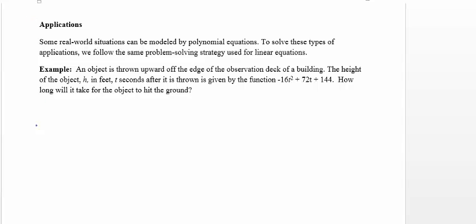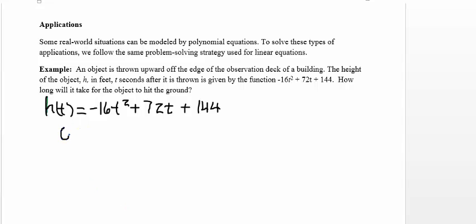The height of this object, h in feet, t in seconds, after it is thrown is given by the function negative 16t squared plus 72t plus 144. So that equals h of t is really what the problem is telling us.